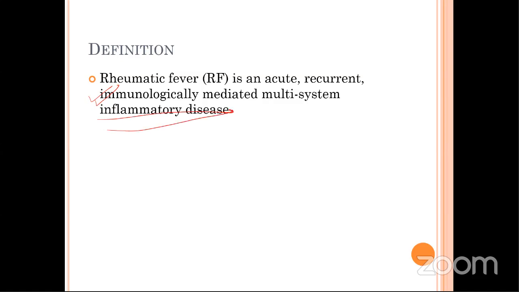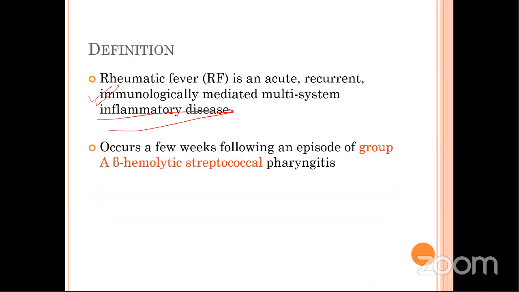So these 2 points are important to be highlighted. And it occurs a few weeks following an episode of group A beta hemolytic streptococcal pharyngitis. So it has to be preceded by an episode of group A beta hemolytic streptococcal pharyngitis. So these are the 2 important points here.